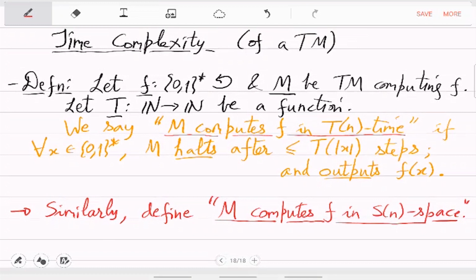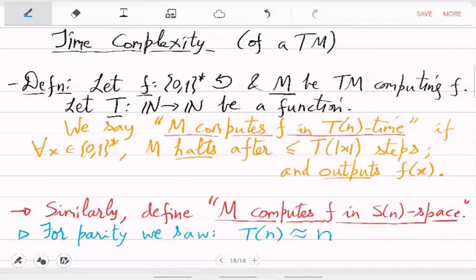So for parity we saw that T(n), the time, was around n. The length of x, that many steps there were, and the space complexity was just one.